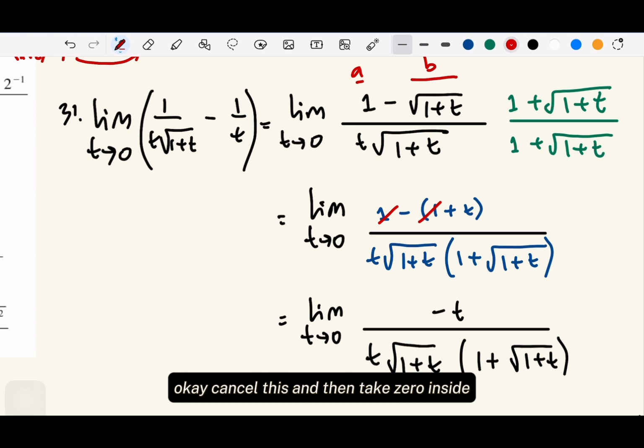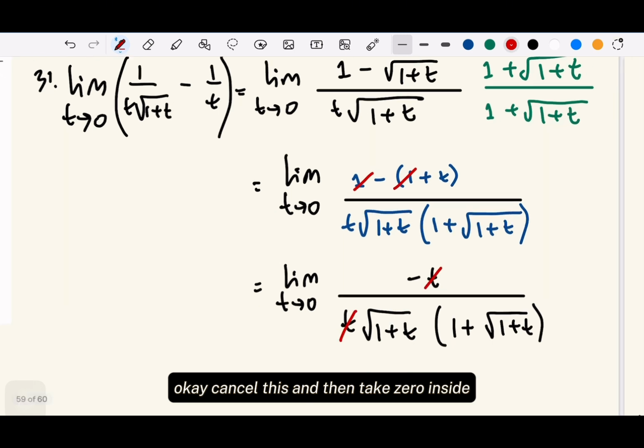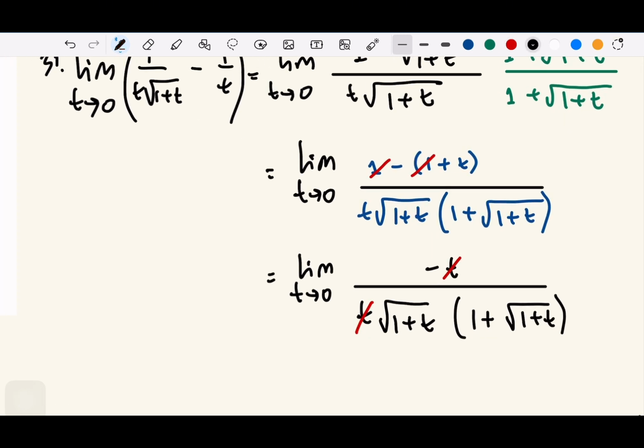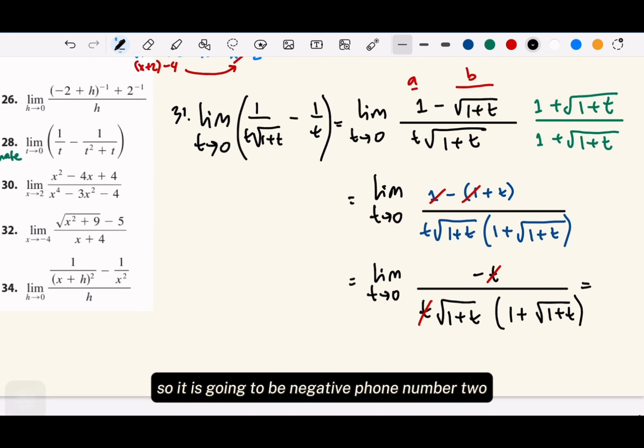Okay, cancel this and then take 0 inside. 1 and then 1 plus 1, so it is going to be negative 1 over 2. Okay.